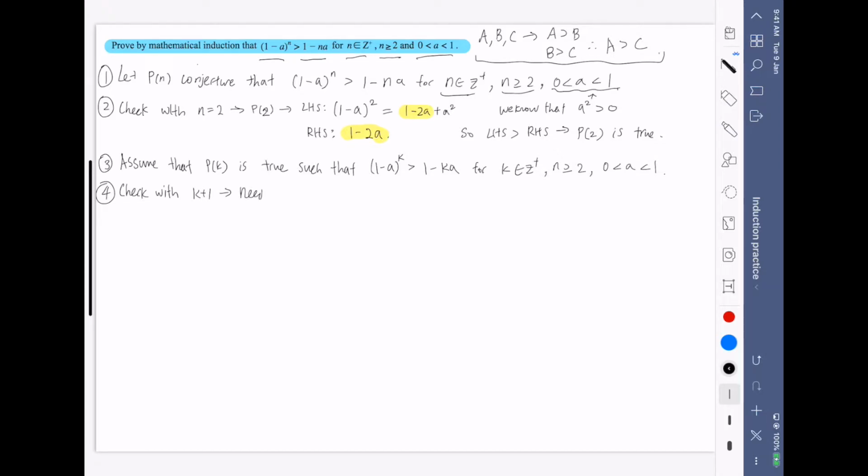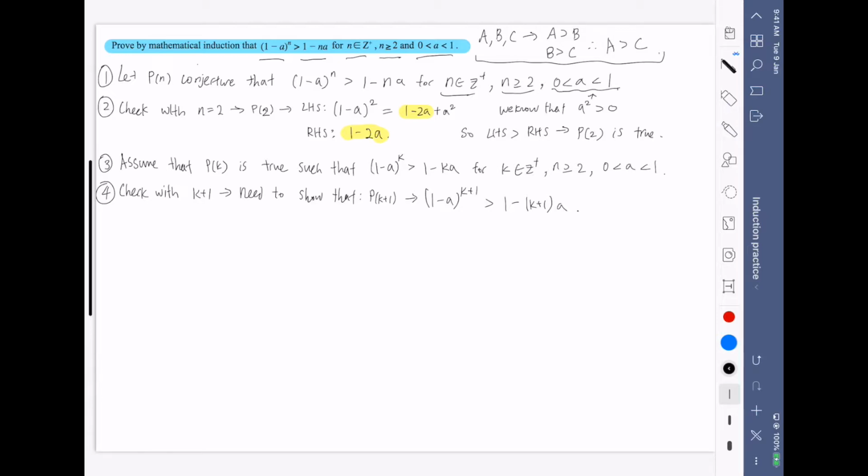So we need to show that (1 − a)^(k+1) is greater than 1 − (k + 1)a.